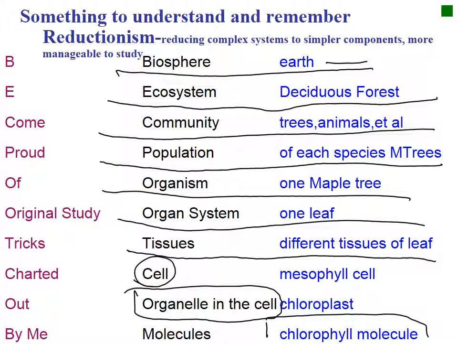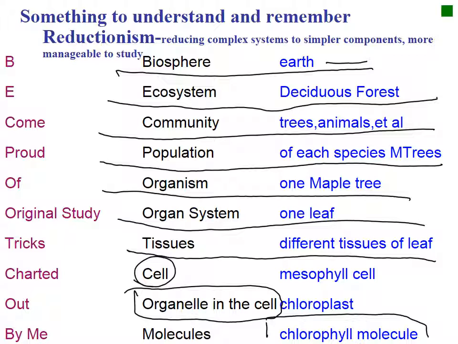Then if you move on to one ecosystem, you have so many things to study in that. And then you can study different communities and how they are affecting that particular ecosystem. Then you can go on to studying one kind of population and see how that interacts with the rest. Then you can study one organism and see how life works, like a tree, how it functions, and so on and so forth.